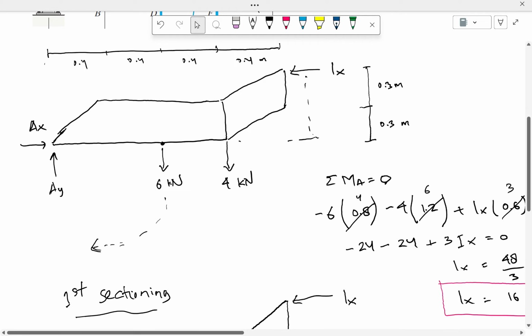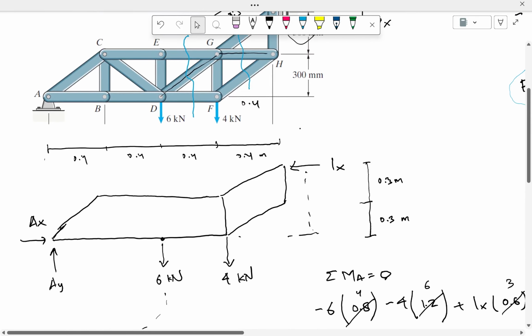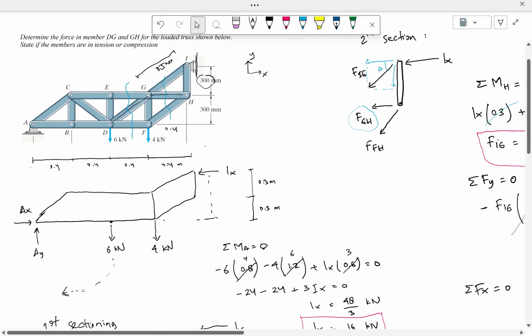Okay, and then find the reaction forces, and in this case, since we want to take the right side, what we need to find is Ix only. We don't need to find Ax and Ay. But if you want to solve this by taking the left side, you need to find Ax and Ay. In my case, I take the right side, so I only need to find the Ix.